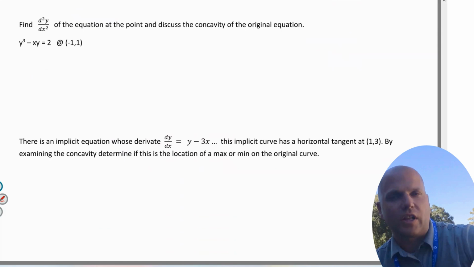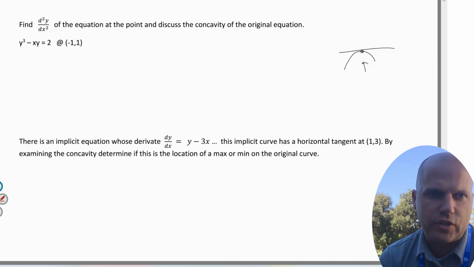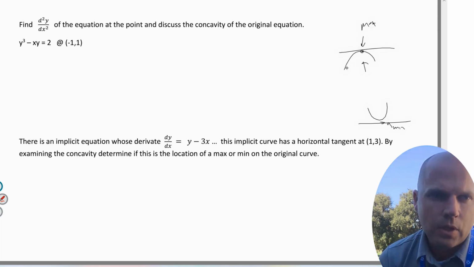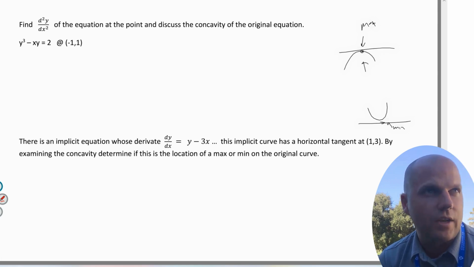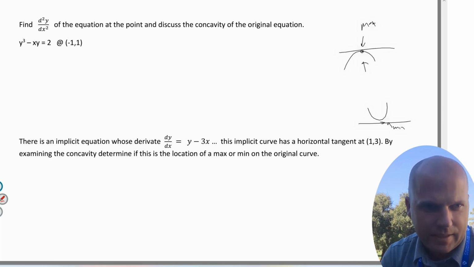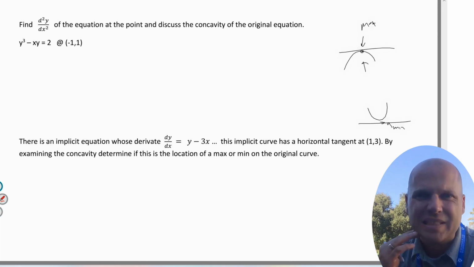So I'm going to go to the last question and understand that if you have a horizontal tangent and you know the curvature, you can tell whether it is a max or a min. Concave down, horizontal tangent, it's got to be a max. Concave up, horizontal tangent, it's got to be a min.